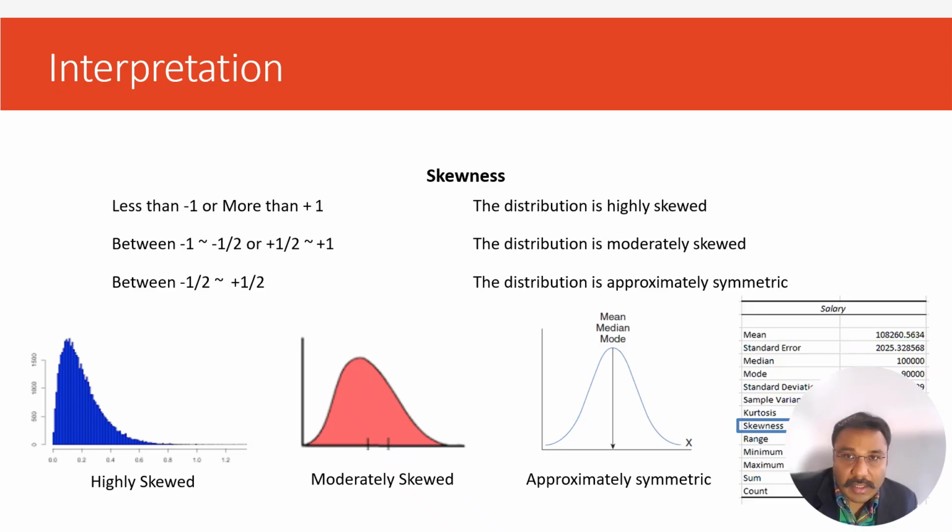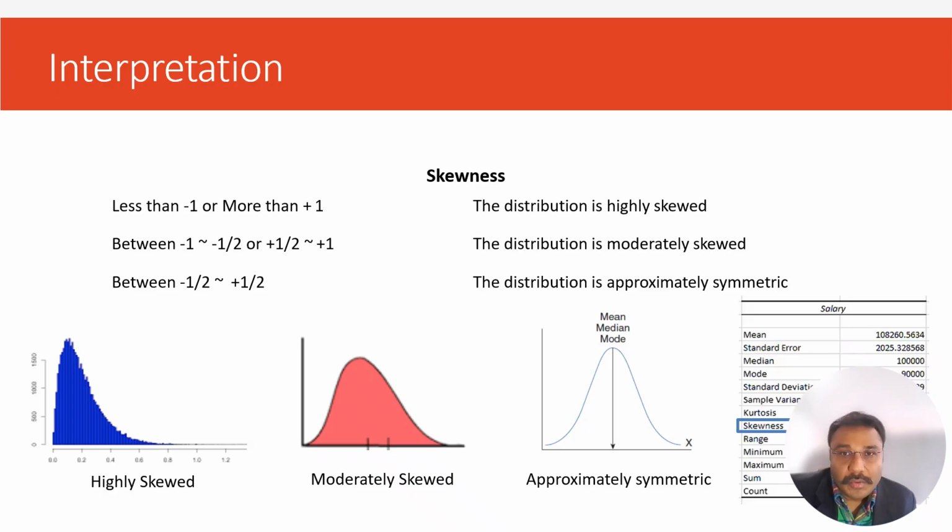Interpretation. We did this in the last class as well, last week. When interpreting data distribution, analysts often examine whether the data is highly skewed, moderately skewed, or approximately symmetrical, which is your normal distribution. A highly skewed distribution occurs when a large number of observations are concentrated on one side of the distribution, while a few extreme values extend the distribution in one direction.